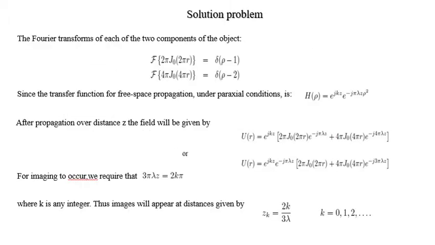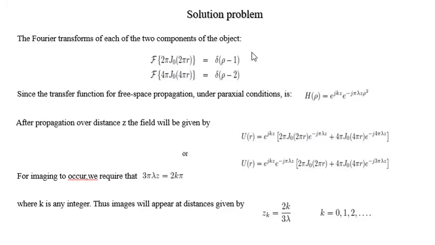Okay, let's go to the mathematical solution. The solution begins by first finding the spatial frequency spectrum of the field transmitted by the structure. The Fourier transform of each of the two components of the object is given by these two relations.